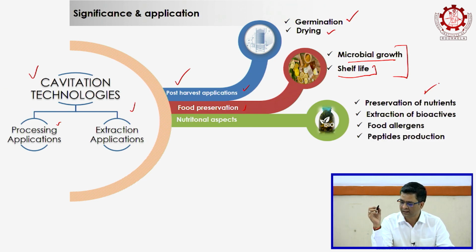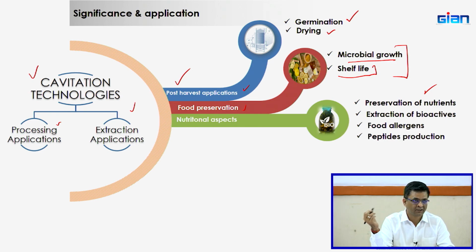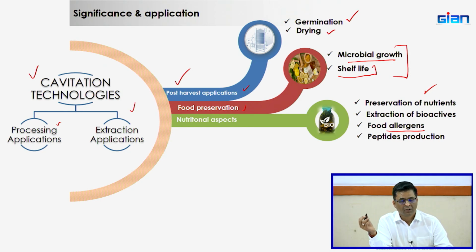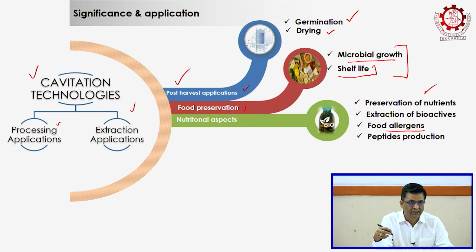When we use cavitation, we have a capacity to preserve the nutrients because it does not cause much degradation of nutrients. Extraction technologies, it's used extensively. Now it comes here for allergens. It is also useful in modifying the functionality of the protein, altering the properties of protein. Hence it can reduce the allergenicity or increase the allergenicity.